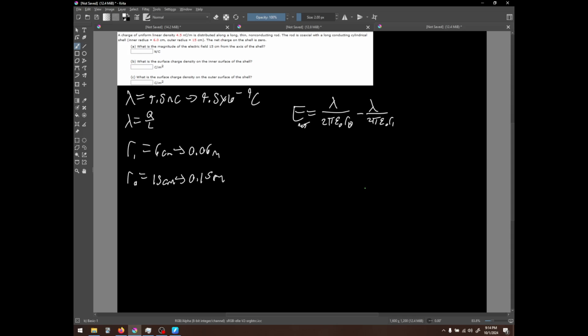And now we're going to multiply that times 0.06, and we're going to multiply the other one times 0.15.